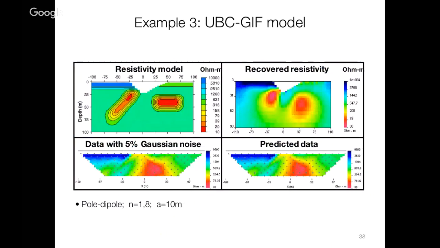This was resistivities. If I invert them, this is what I get. So I now have two targets here. And I don't see this bottom part, but that's because the resolving power of my experiment is not, I don't have enough electrodes.